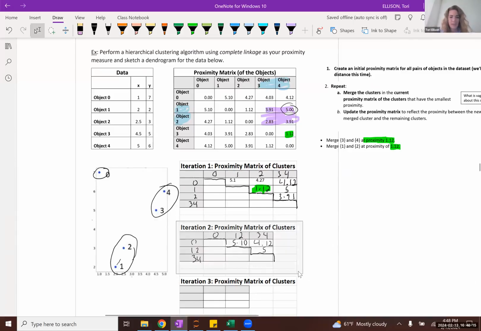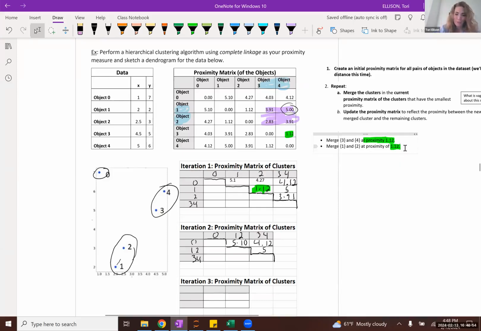So the next step is to take a look at this proximity matrix and figure out what two clusters are going to merge together next. So what are the two closest clusters now based on this proximity matrix? So you want to scan the proximity matrix, look for the smallest distance, right?